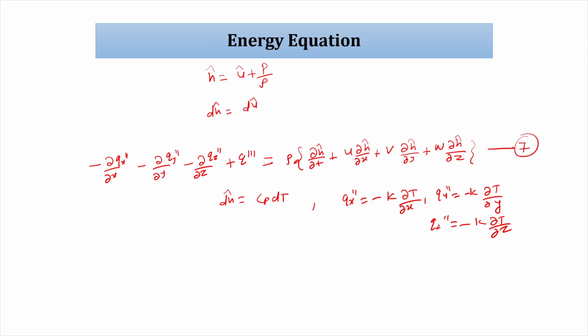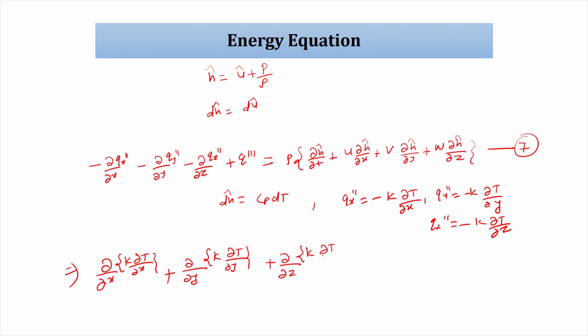Equation number 7, we can write down del by del x k del T by del x plus del by del y k del T by del y plus del by del z k del T by del z equal to rho Cp dT by dt plus u del T by del x plus v del T by del y.